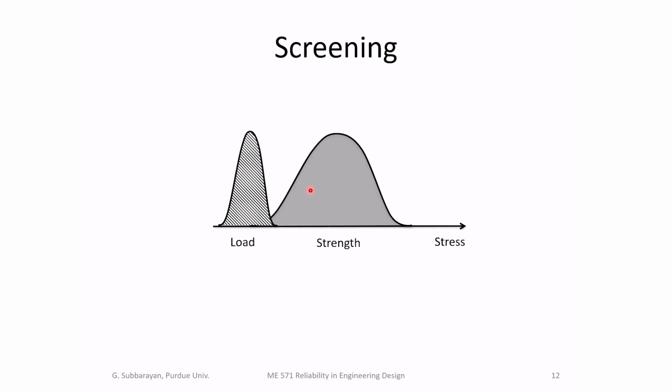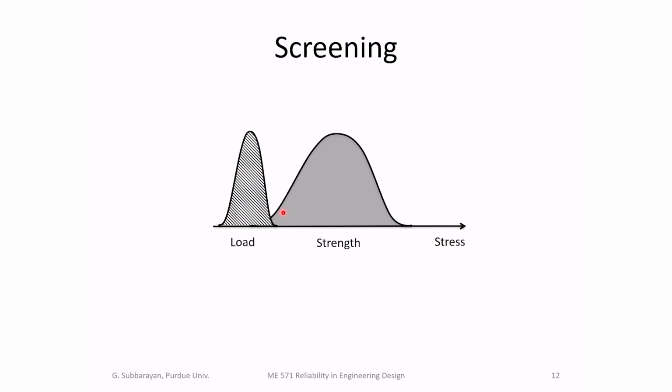So let's say I have load and strength distributions as shown here. And there is an overlapping region here where there is at-risk population. So what I might want to do is to somehow eliminate that population in the hope that I don't have any overlap between load and strength.